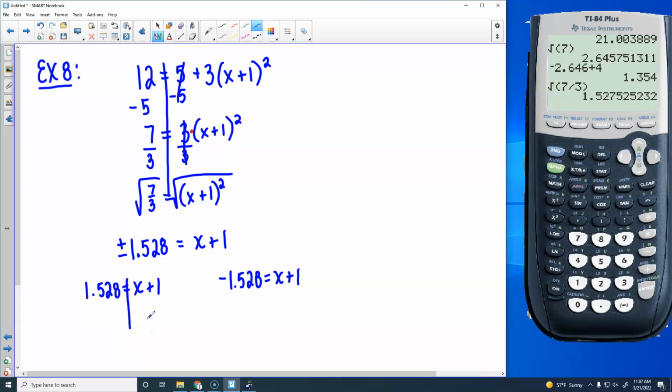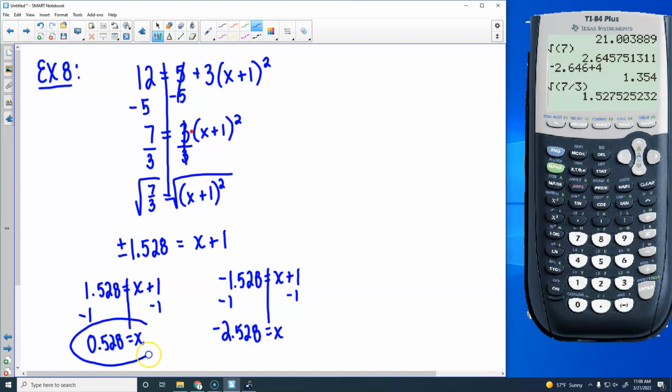Are you sure about that? Okay, good. So if I subtract 1 from that, I'll get 0.528 equals x. And then for the second equation, Ayla, what am I going to do? Still subtract 1. That's going to be negative 2.528 for my x. So I'll get both of those answers there.